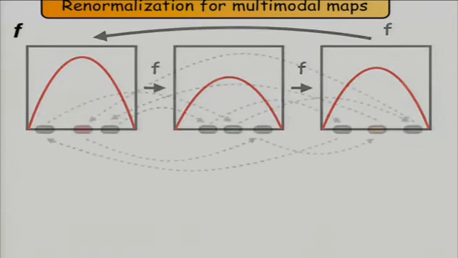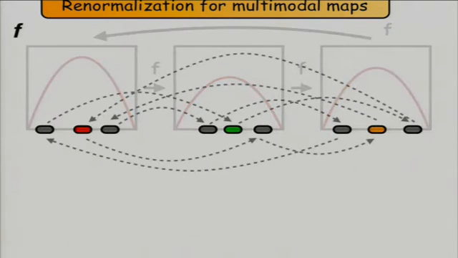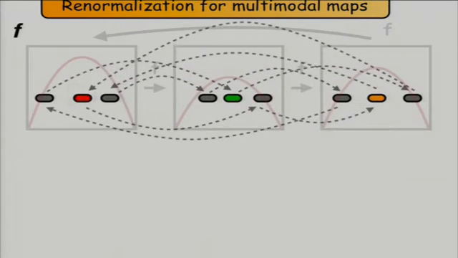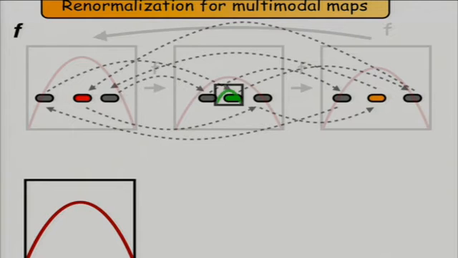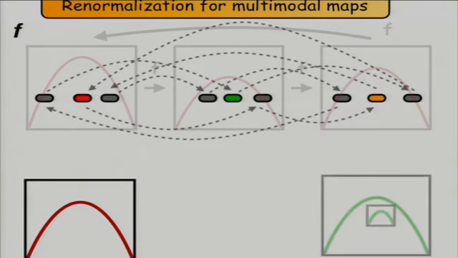So this map is renormalizable if you can find a cycle of intervals that are permuted by the action of this map. And I'm going to assume that all the critical points are inside one of these intervals. So what you do is the following. You renormalize each one of the intervals that contains the critical points.